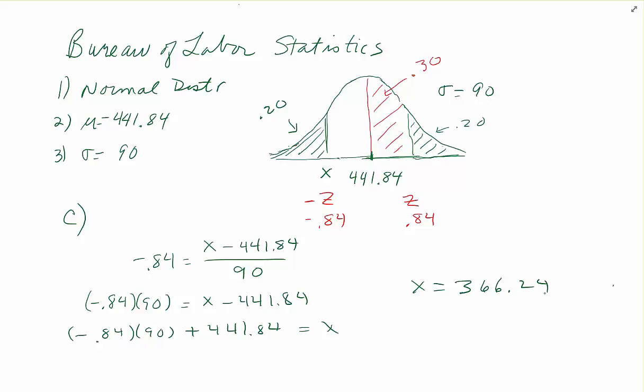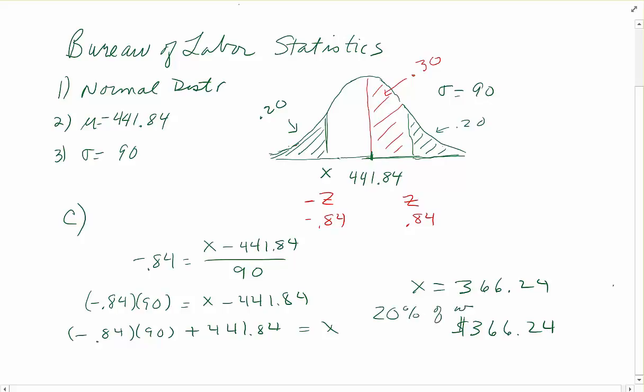So 20% of wage earners make less than what weekly amount? $366.24. 20% of wage earners make $366.24 or less.